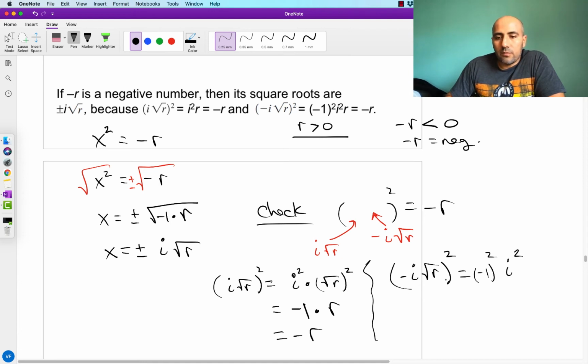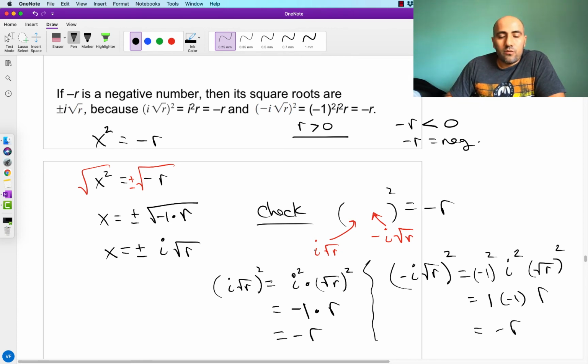Each one of these little components gets squared. And then we get square root of r squared. So this becomes positive 1, and then i squared becomes negative 1, and then this becomes r. So 1 times negative 1 times r is going to give you negative r.